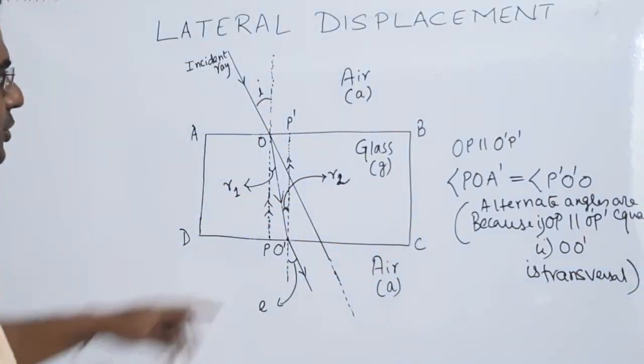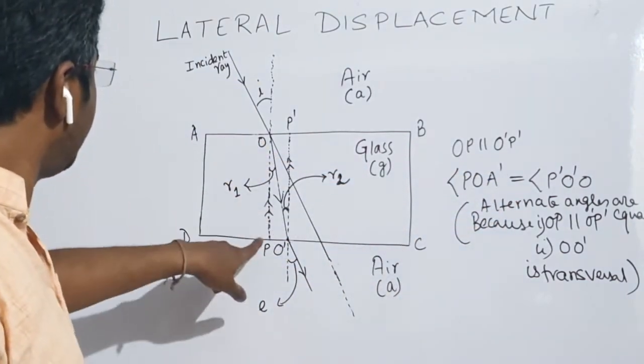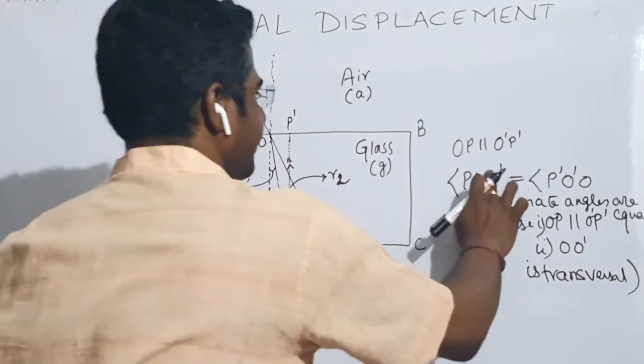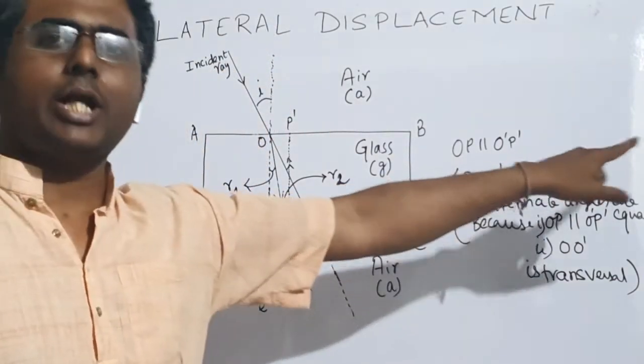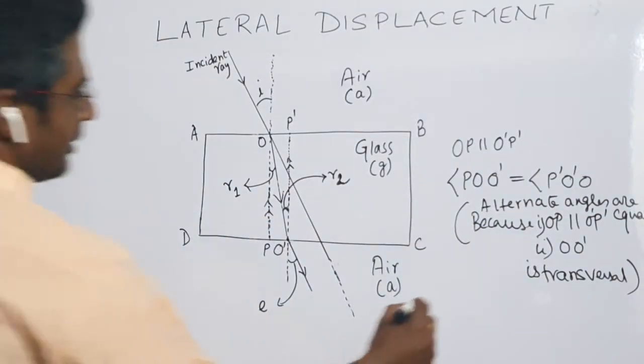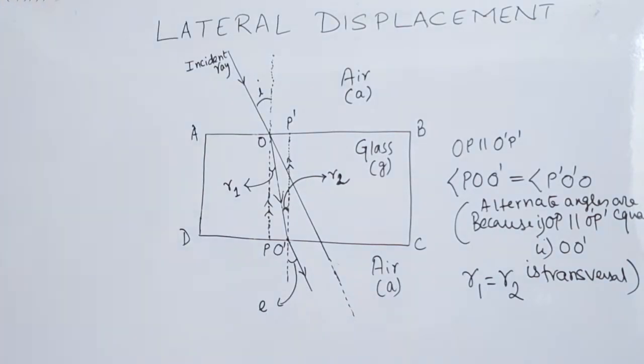Okay, clear? So as this angle is equal to that angle, that means R1 is equal to R2. Clear? This has to be.